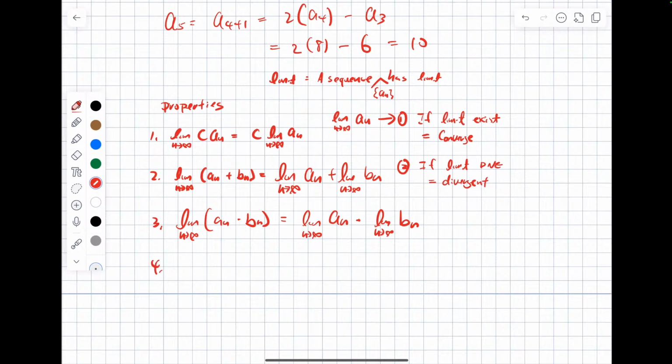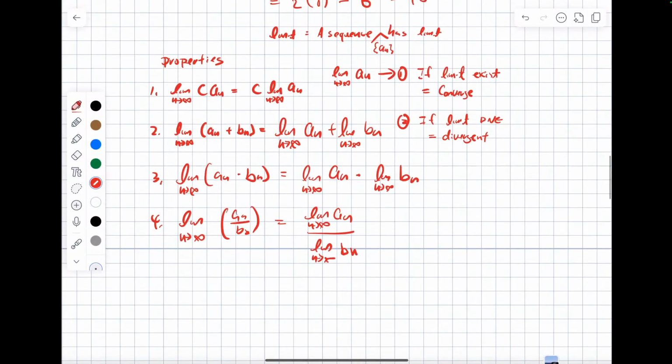The fourth property is the limit of a_n over b_n. You guessed it, the limit of a_n over the limit of b_n. The limit of a_n to the power p equals the limit of a_n, to the power p.